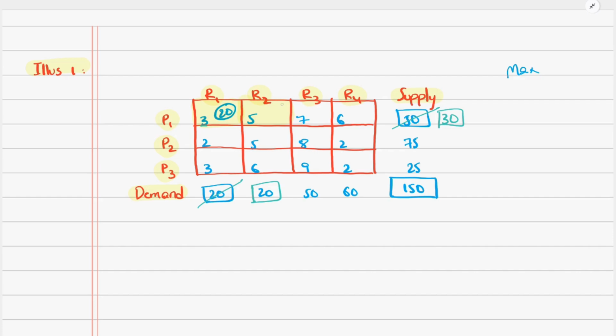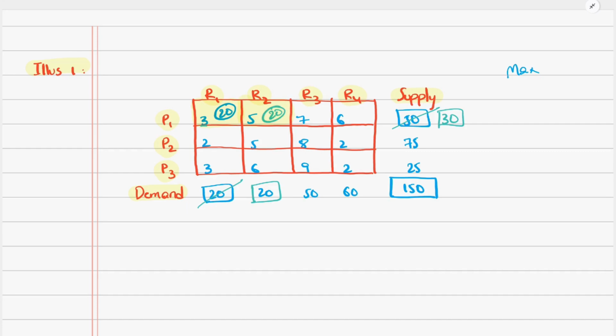Now what is the maximum allocation possible in this cell? See, the demand is 20, the supply is 30. Even though P1 is capable of sending 30 units, R2 only needs 20 units. So R2 will be like, man, send me my 20 units. I don't care if you have 30 units or not. Right. So the maximum possible allocation is 20 units.